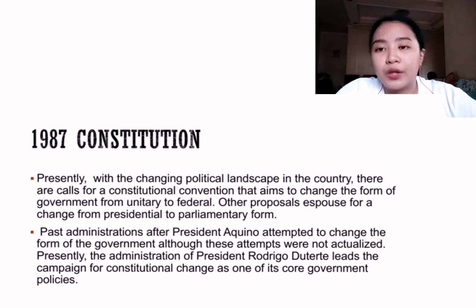So as you can see from President Duterte's performance and plans for the country, we can say na his government policies were a bit different from the past presidents of our country. And he was very serious about changing the old way of the government on handling our country.